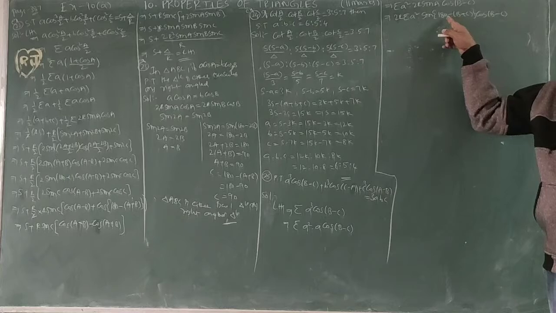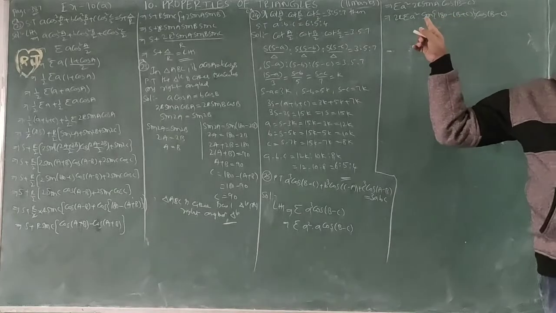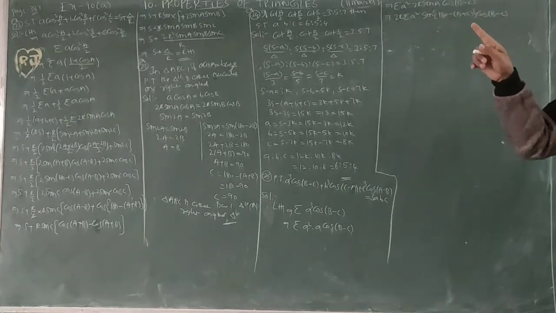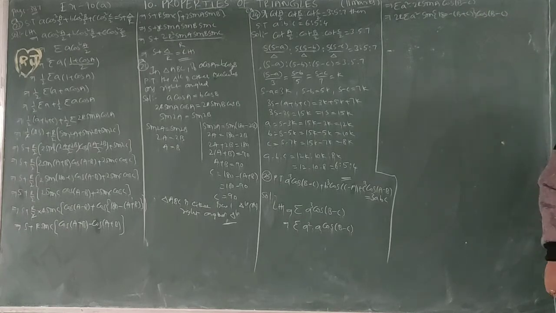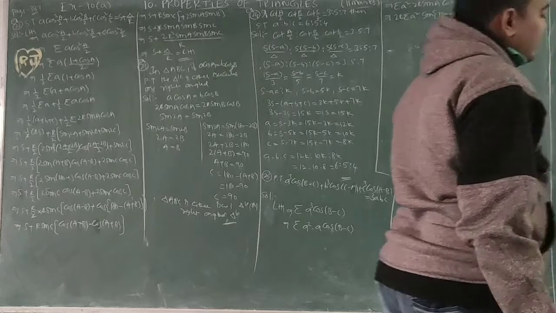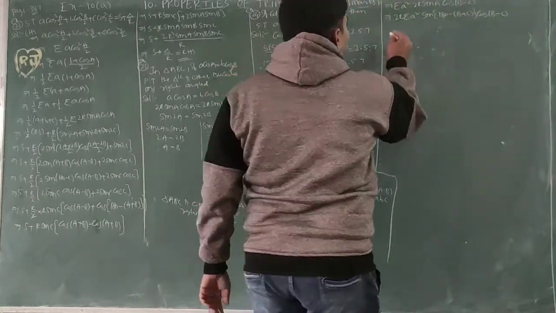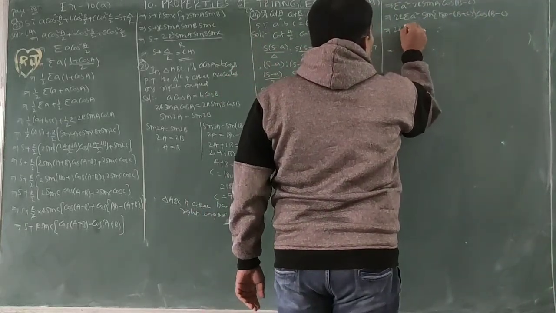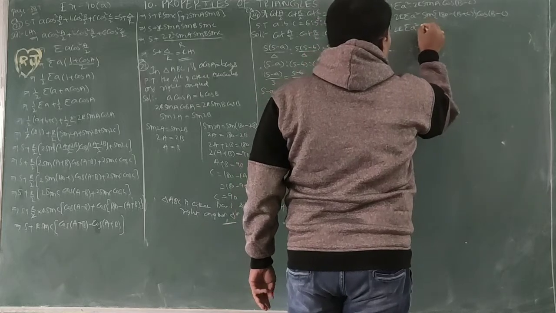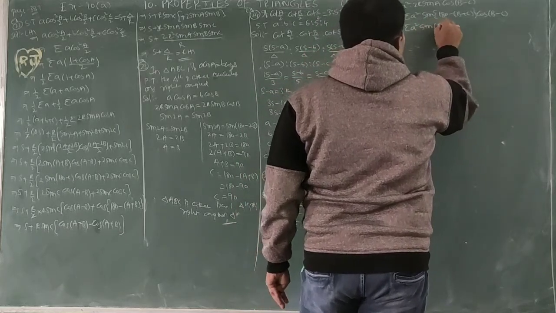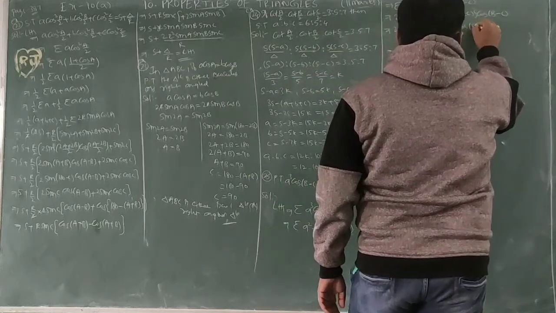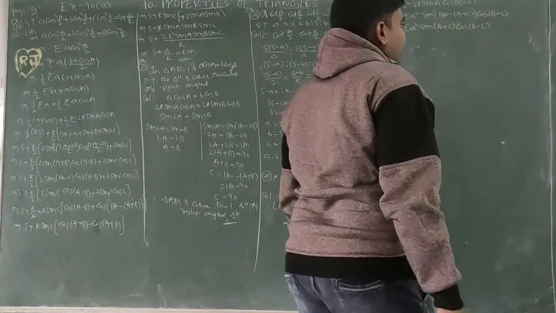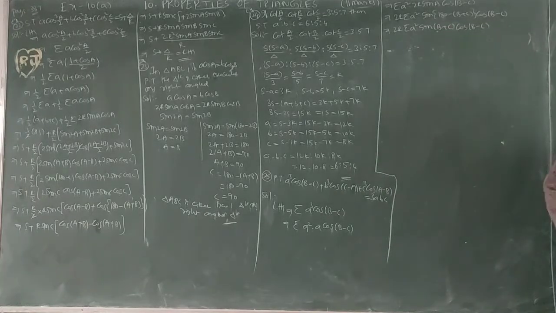Sin of 180 minus theta, in the second quadrant, is positive, so sin of 180 minus (b plus c) equals sin of (b plus c). Okay, next, 2R sigma a square sin of (b plus c) into cos of (b minus c).